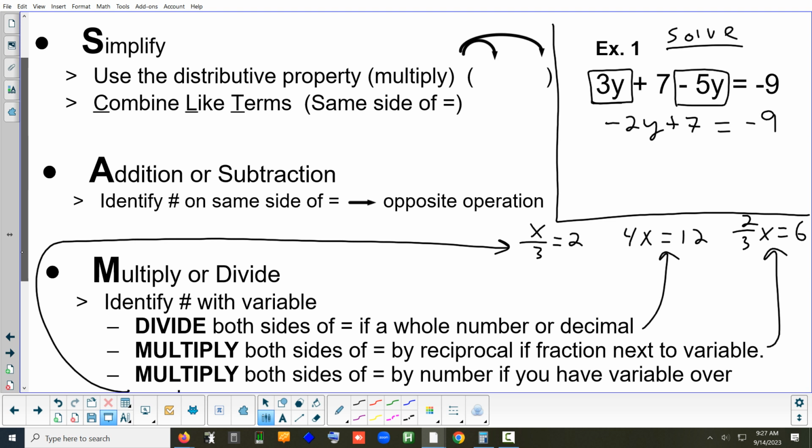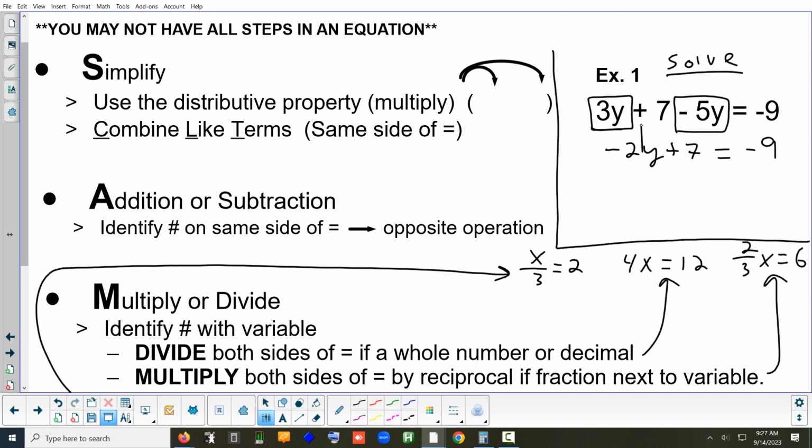Yep, we're going to subtract the 7 from both sides. We're not going to do anything with the negative 2 yet because that's multiplication. But we can subtract 7 from both sides. So basically that's combining terms. The last step was combining like terms. This is adding and subtracting now. So we're subtracting 7 from both sides.